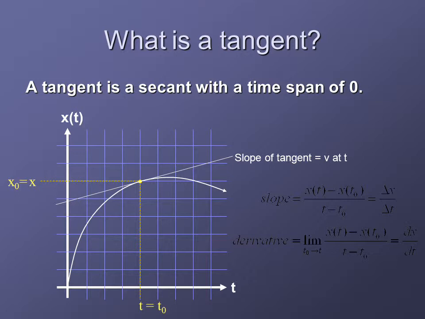D is just like delta, and they are pretty much the same thing, except the d is infinitely small. And this would be 0 if it weren't for the fact that the thing on the bottom is also infinitely small. So something infinitely small divided by something infinitely small can still give you a finite number.